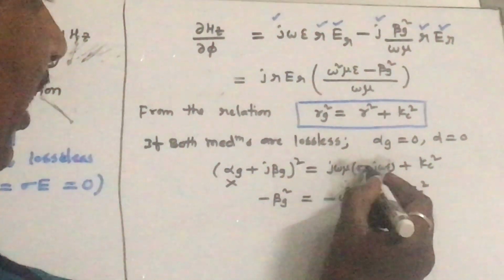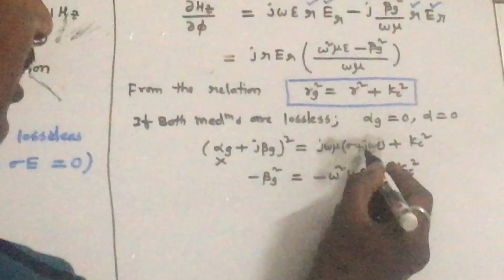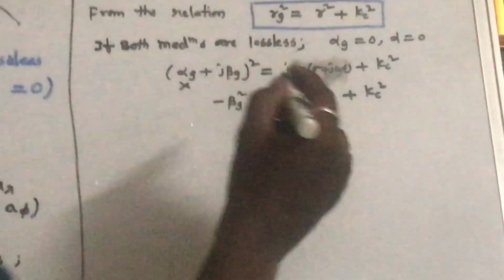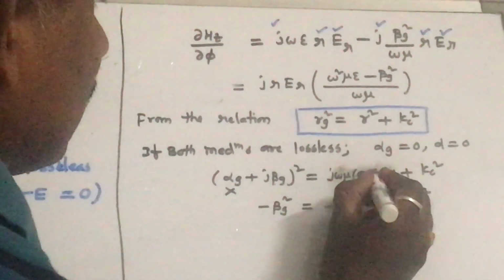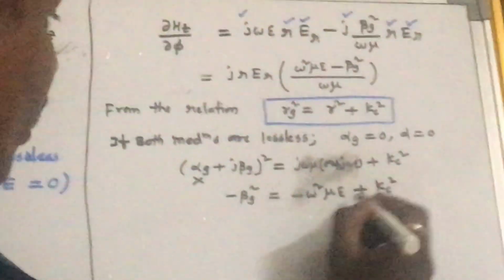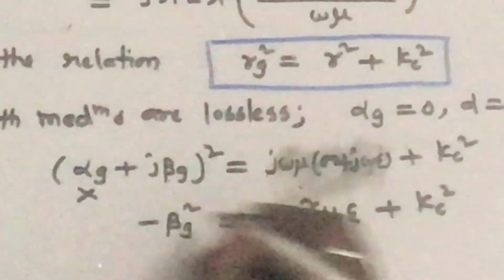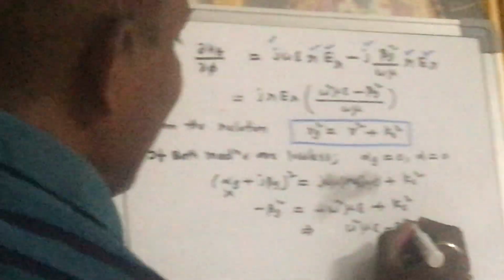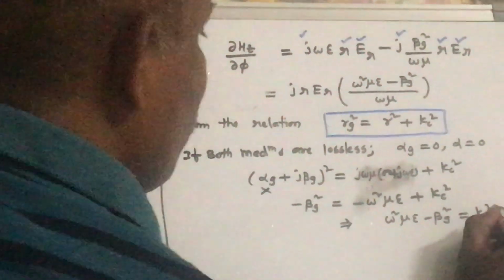Since the conductivity of the medium is 0, this is written as minus omega square mu epsilon plus Kc square, from which we can write, bring this term to this side, omega square mu epsilon minus beta g square is equal to Kc square.